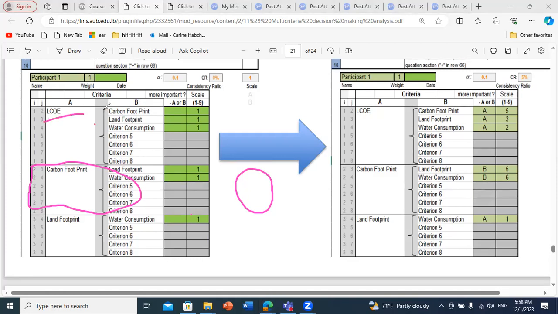So I ask, if you take LCOE versus carbon footprint, what is more important for you? If the answer was "I don't mind" for all questions, this means that I have a score of 1 everywhere. If I have a score of 1 everywhere, of course, I will get 25%.